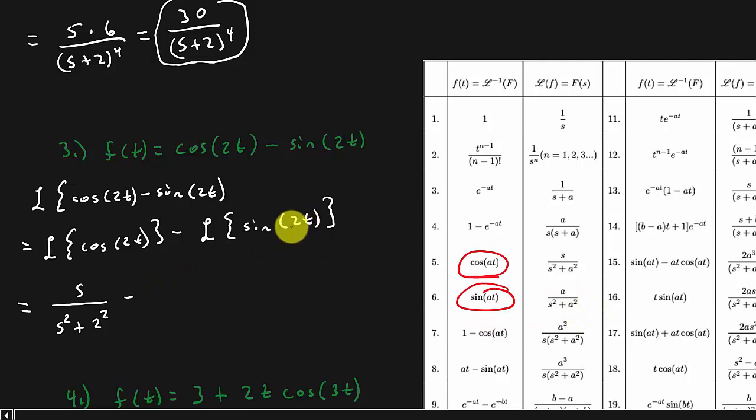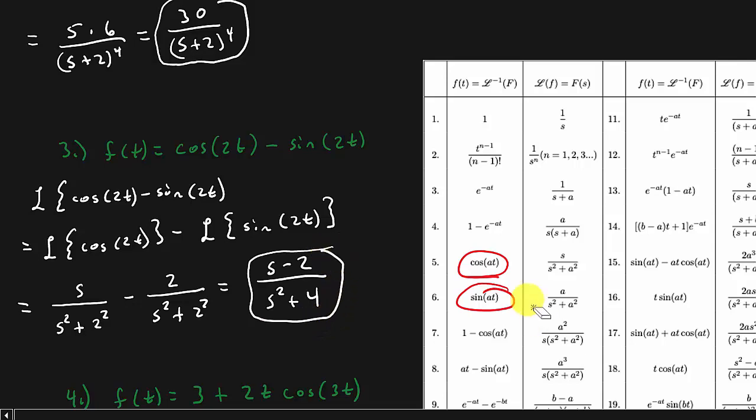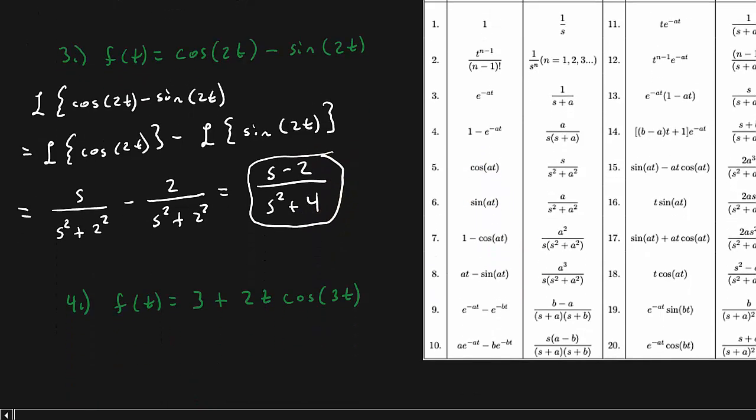So we're doing this one now. So that's 2 over s squared plus 2 squared. And so this is just going to be s minus 2. We got a common denominator, so I'm going to combine like terms. And that's just going to be over s squared plus 2 squared is 4. And so there's your Laplace transform. Okay.